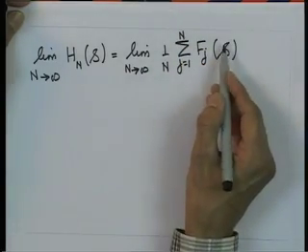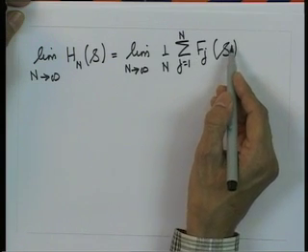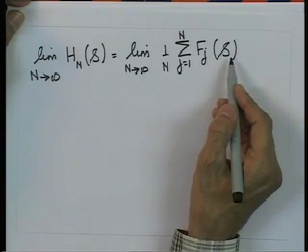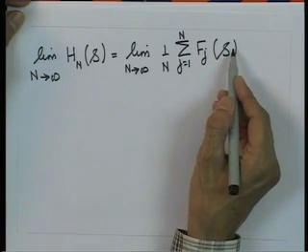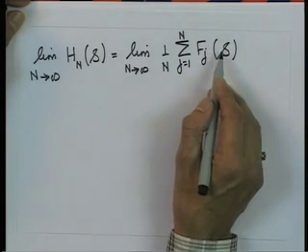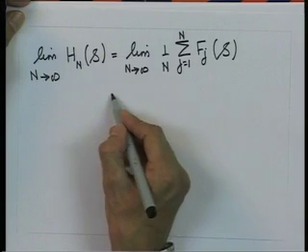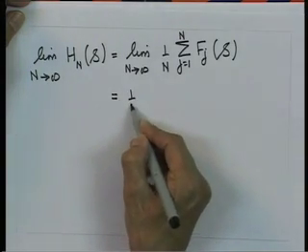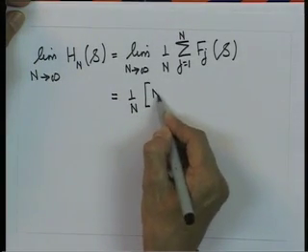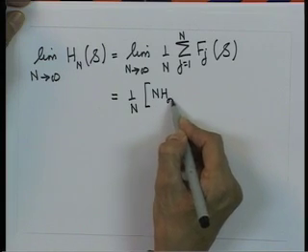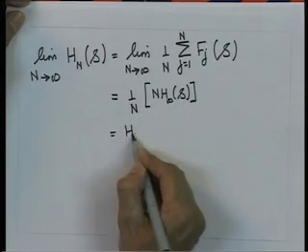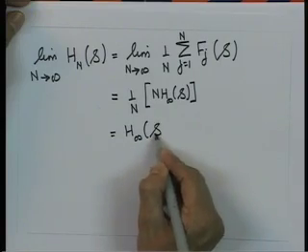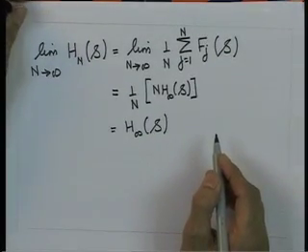Now, we know that as n tends to infinity, F_j(S), because it is a monotonically decreasing function of n, converges to H_infinity(S). Therefore, this is nothing but 1 by n times n times H_infinity(S), and this is equal to H_infinity(S).